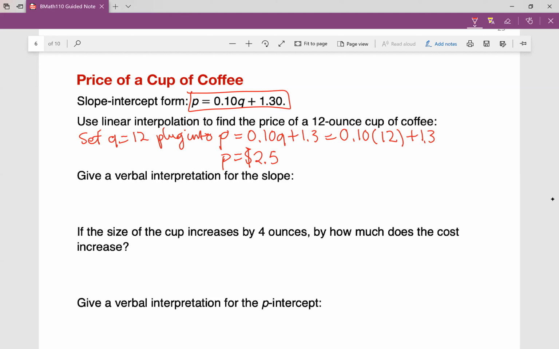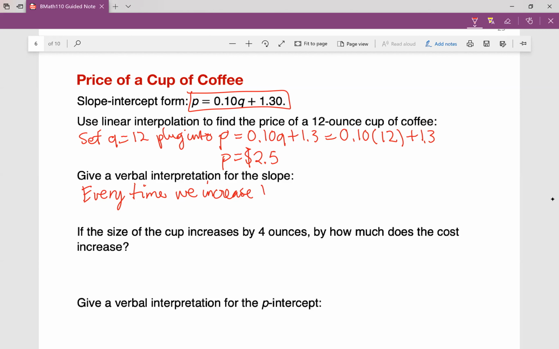And here's the verbal interpretation for the slope. What's slope? Every time we increase, what are we going to increase? The size.